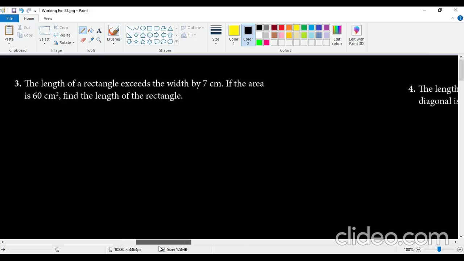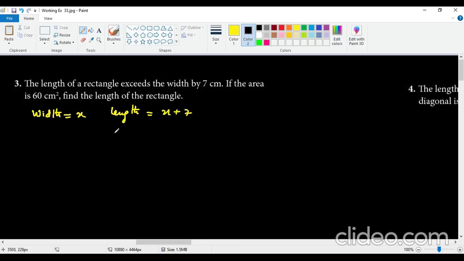Now moving on to question number 3. It says the length of a rectangle exceeds the width by 7. That means if I take the width equal to x, the length is going to be x plus 7.